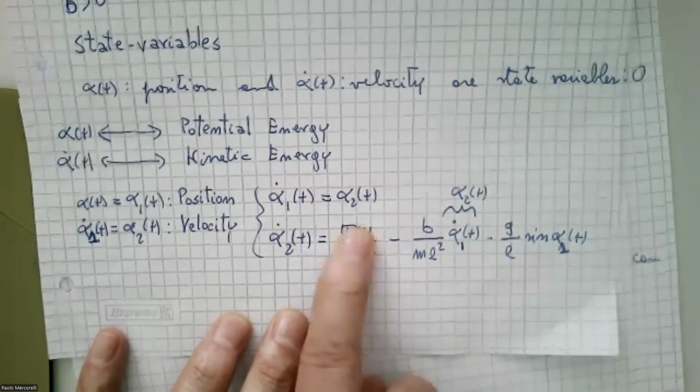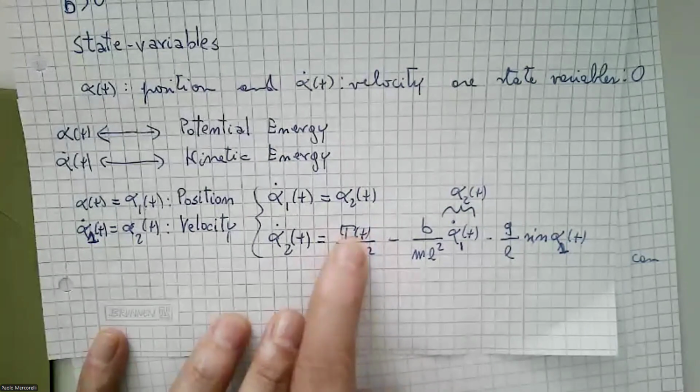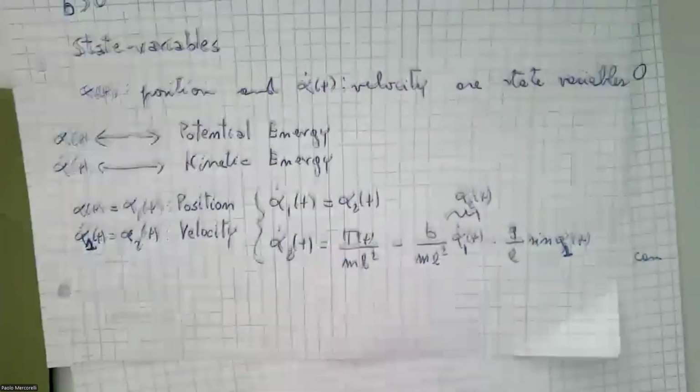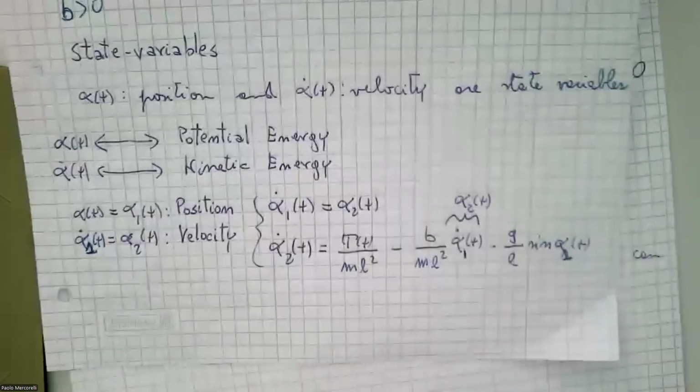We can see that the torque, which must be implemented as the output of the controller, is divided by ML squared. Then I justify this element.